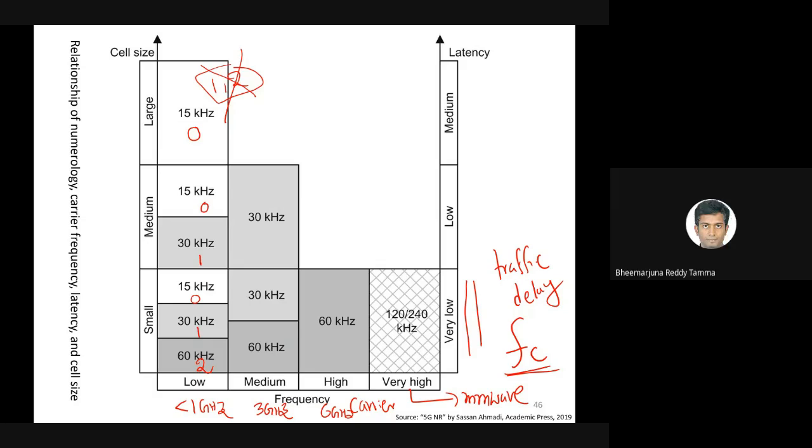As the cell size increases, the propagation delay between the base station and the cell edge users increases, and you have to account for timing advance. That means we need to have a really large CP, but it is not possible to have a larger CP if it is 30 and 60 kilohertz, right?